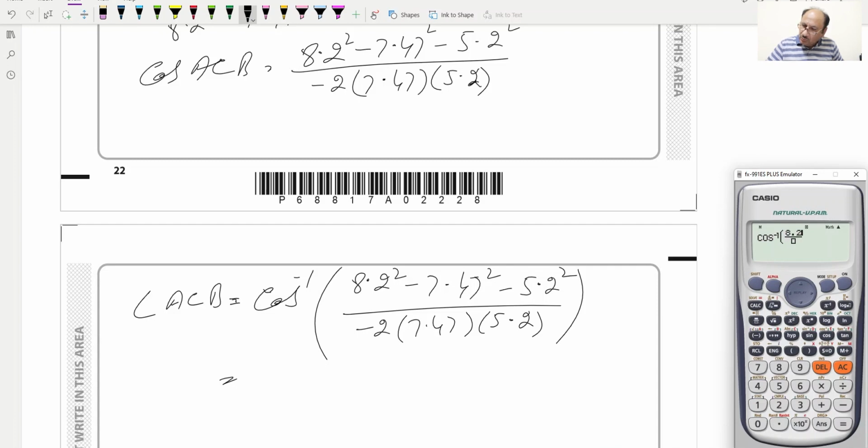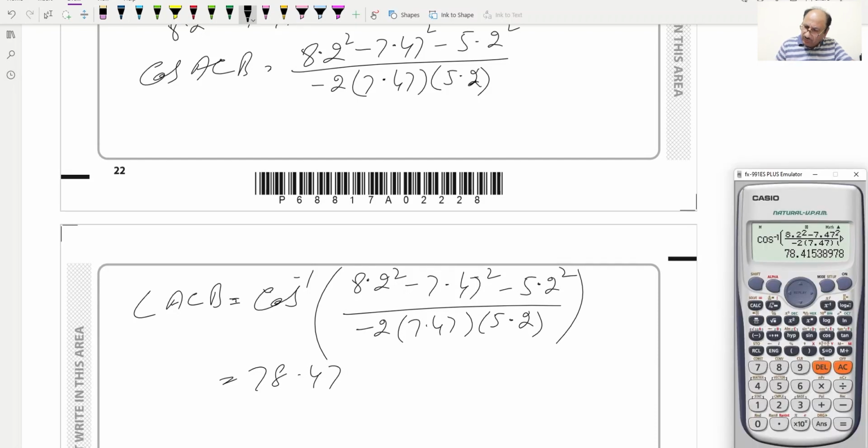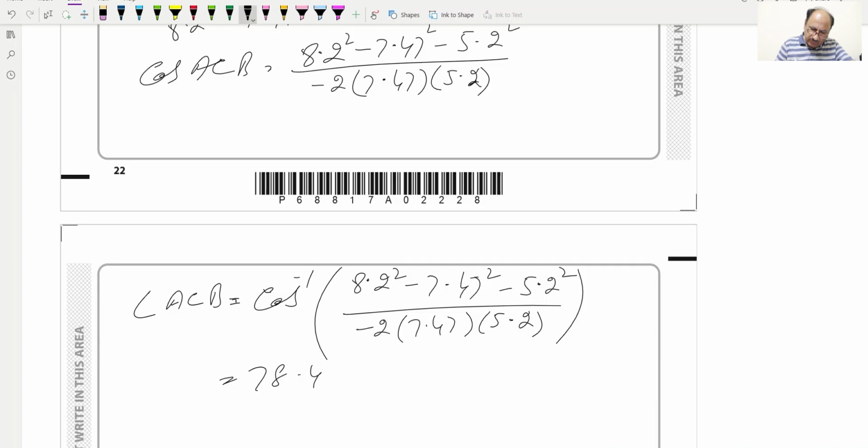So 8.2 squared minus 7.47 squared minus 5.2 squared, divided by minus 2 into 7.47 into 5.2, and this is equal to 78.41, or roughly 78.42.